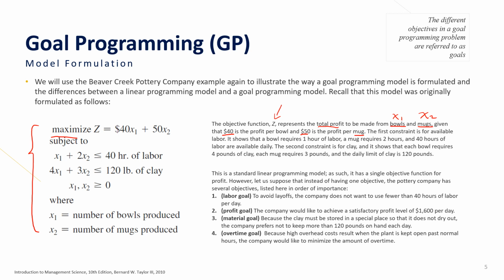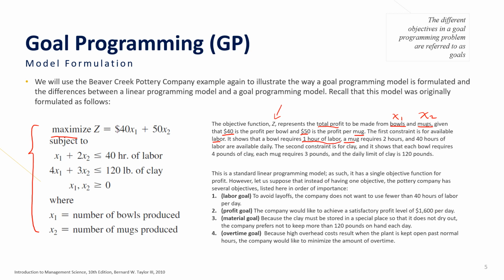Then there is a constraint for producing these two products, in which the first one is related to the labor, the time available for the labor. To produce a bowl, it requires 1 hour of labor.